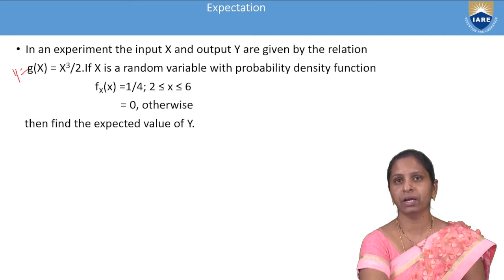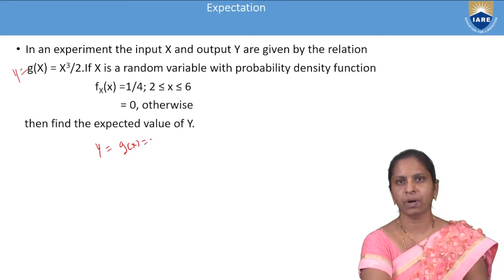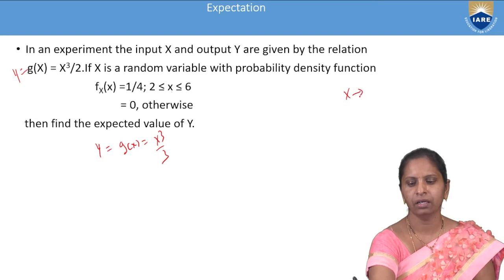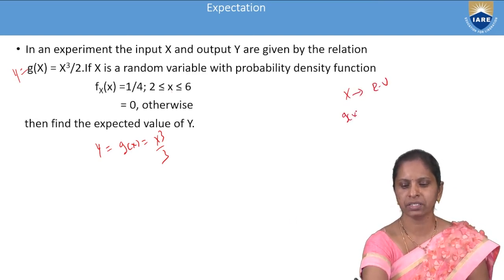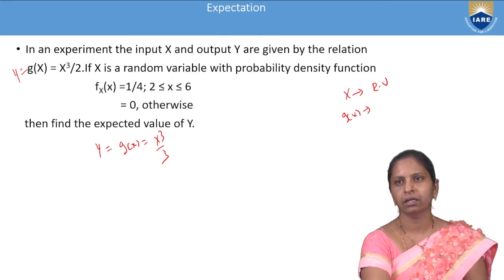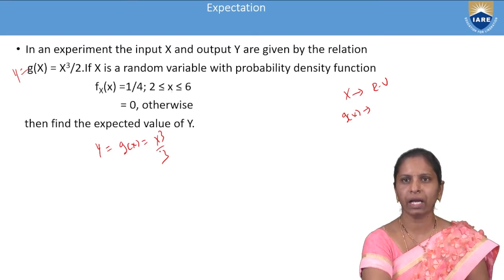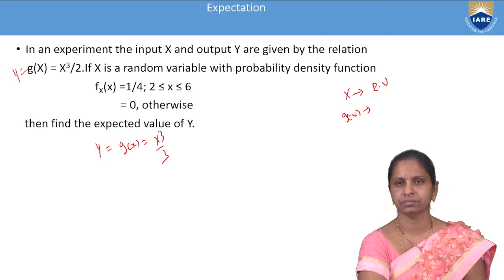So which formula do you have to use? What is my y? It is nothing but g of x. It is a function of the random variable x, because x is a random variable here. And how do I get g of x? By taking the cube and then dividing by 2, I get the function g of x.